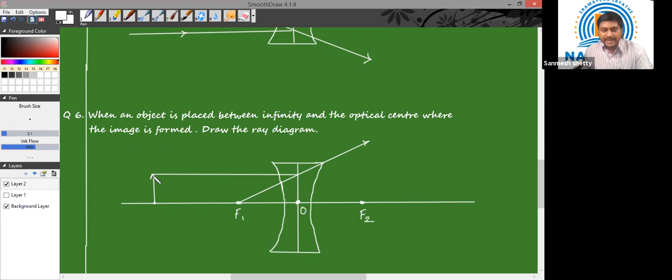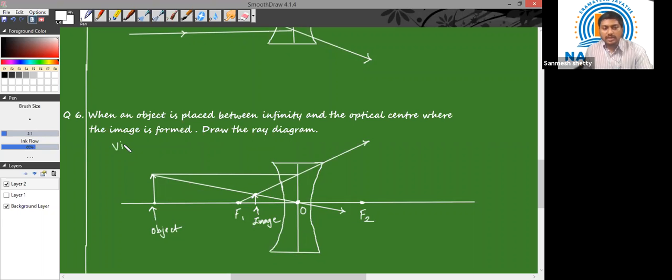The next ray which I am choosing is passing through the optical center. Again, the point of intersection of both the rays will give me the head of my image. So this is my image, and this is my object. Again, same characteristics we have just discussed.